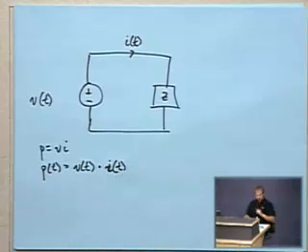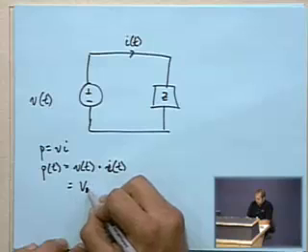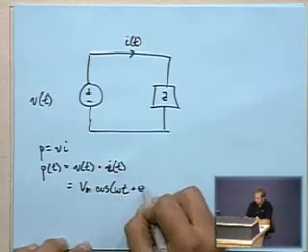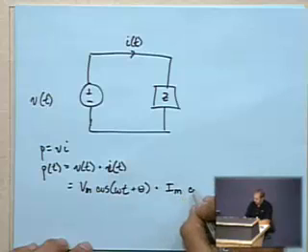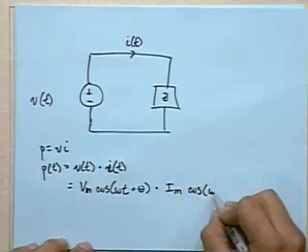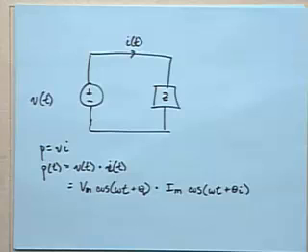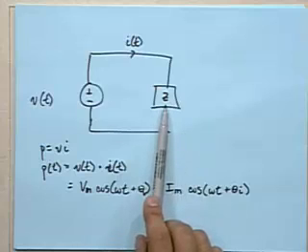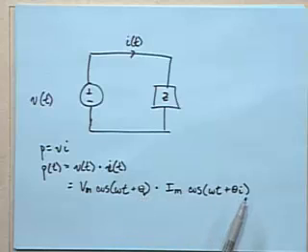Well, if we know that v of t is some function V sub m times the cosine of omega t plus theta v, and i of t is some current magnitude I sub m times the cosine of omega t plus theta i, because depending on what the load actually is, this may be a complex load, and then theta v and theta i are going to be different.